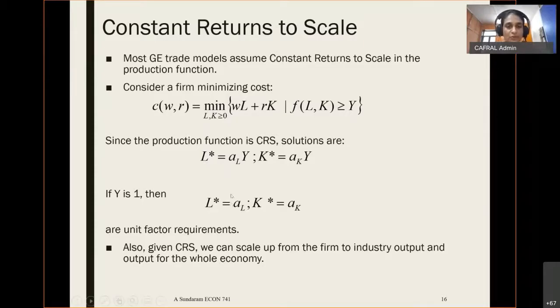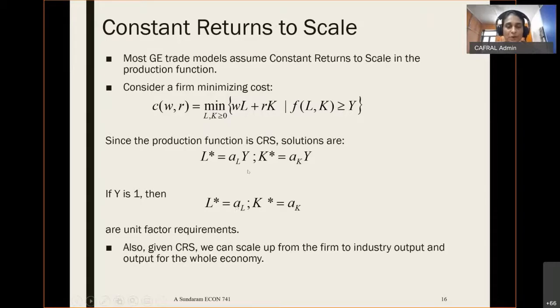Now, of course, you know that if you solve this cost minimization problem, AL and AK are actually functions of W and R, where W and R are the wage rate and the cost of capital, R. Okay?